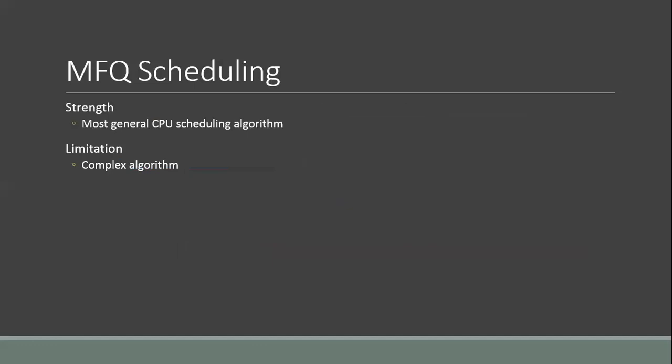As far as the strength and the limitation of this algorithm are concerned, its major strength is that this algorithm is the most general CPU scheduling algorithm. Based on the effectiveness of its policy, it is widely used as a CPU scheduling algorithm.